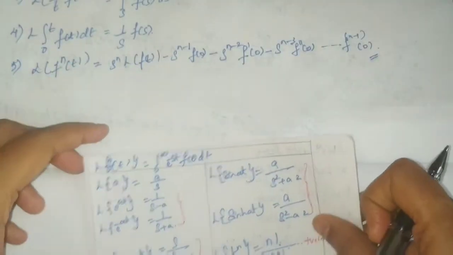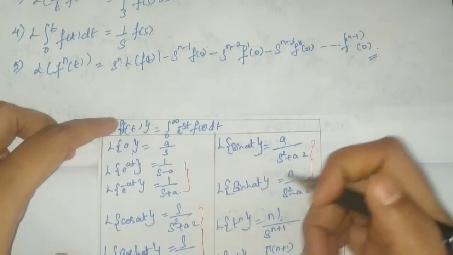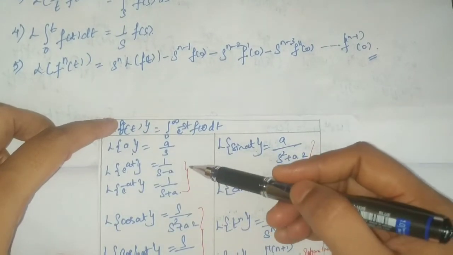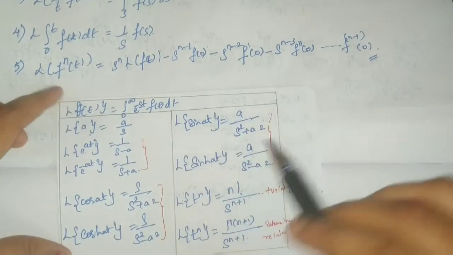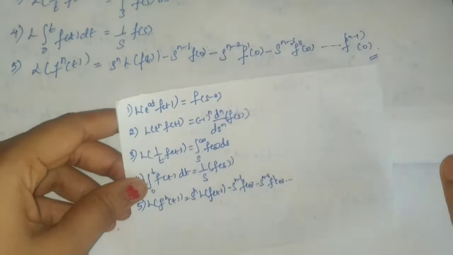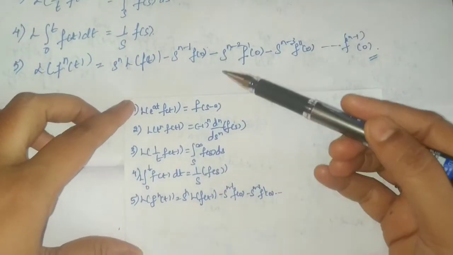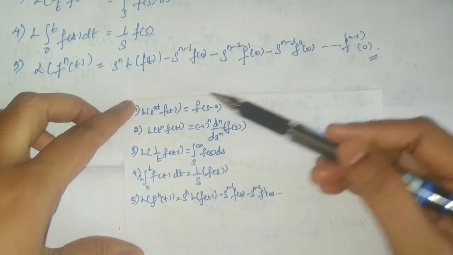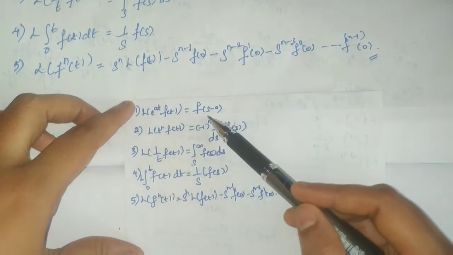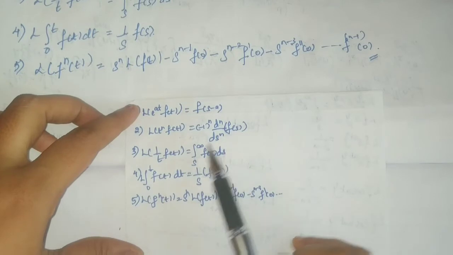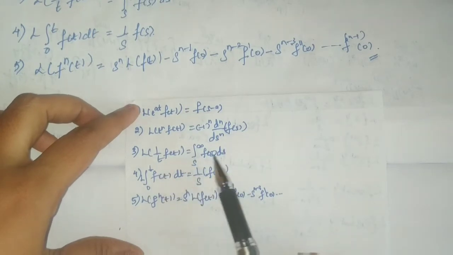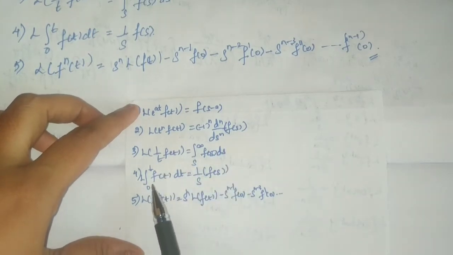So in our last class we made the formula list: constant, exponential, cos function, sine function and polynomial. So here I have just written the product of functions formula. Exponential into function, shifting property. T power n into function is derivative. 1 by t function is integration.